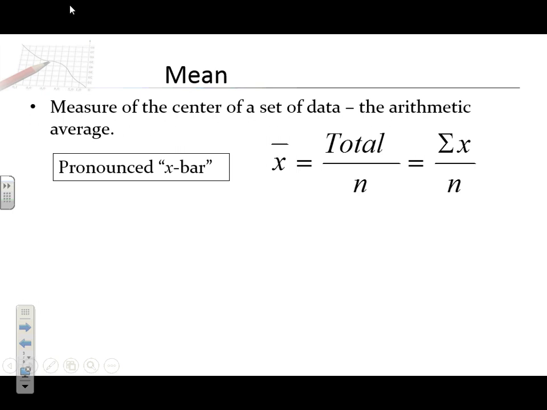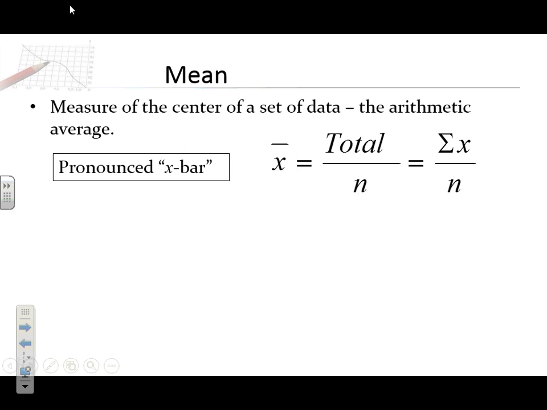They're going to use a notation similar to this. Instead of saying add up all the values, they're going to say use this sigma notation. You guys know what sigma means? You've seen that before? Okay. When you see this little sigma symbol, it means add up all of your x values. So whatever values are in your list, add them all up, and then divide by n. This really actually means sum.